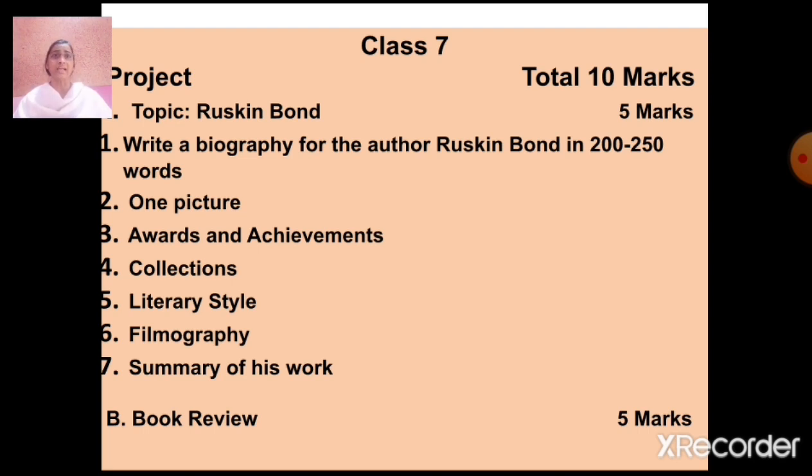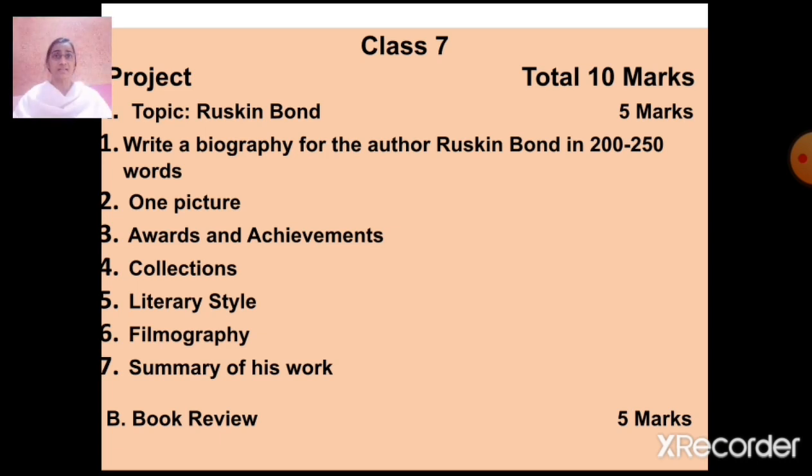You need to write at least 10 to 15 names of books which Ruskin Bond had written. Along with that, you also need to mention whether it is a novel or a fictional or non-fictional story and so on. That is, you need to provide some information on that book, right?